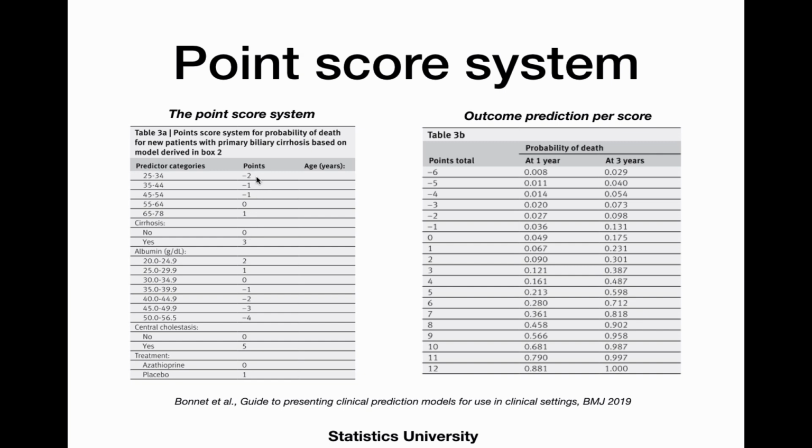And then you can add up all the points for the values that are applicable to your individual patient and look up the total number of points in the system, and that number needs to be related to the probability of the outcome. And in this example, that's probability of death at 1 year and probability of death at 3 years.